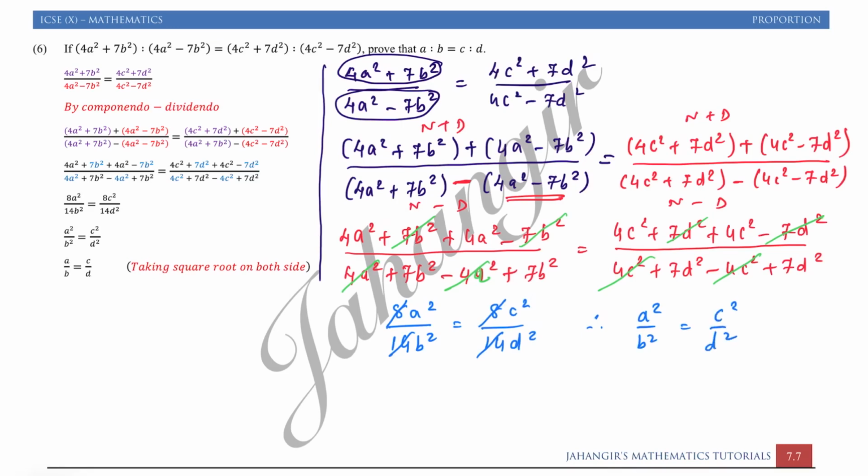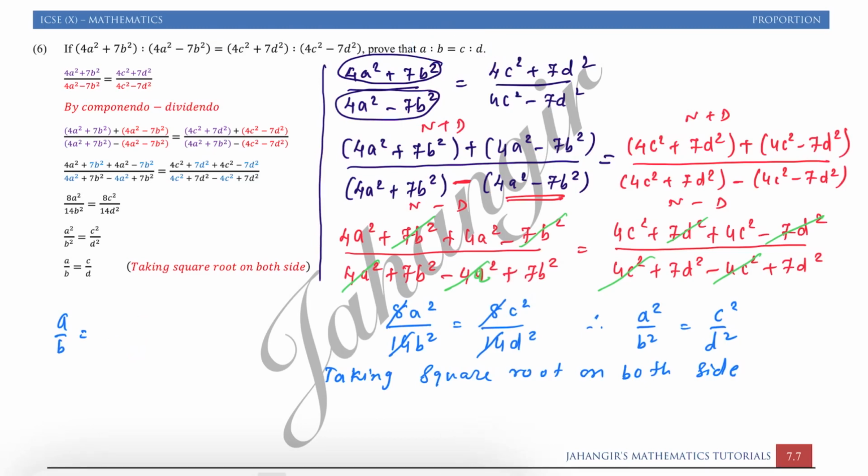Now what I will do, I will take square root on both sides. When you take square root on both sides, you will get a by b is equal to plus minus c by d. But we don't require minus, we have to check the answer. So I will not write this plus minus.